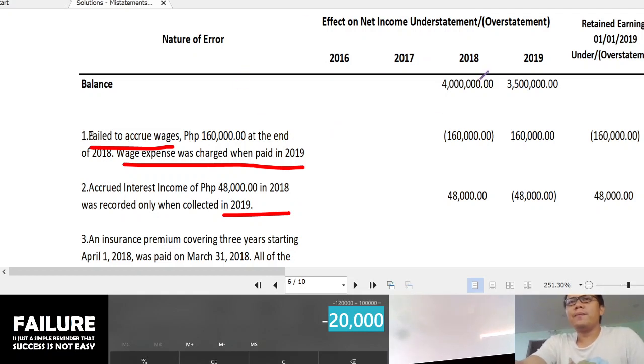So, ano yung nangyari? Obviously, kulang yung income mo in 2018 by 48,000. In 2019, sobra naman siya kasi yun nga, dito mo pa siya na-recognize kung kailan mo siya na-kolekta. Diba? Sobra. Dapat mo ibawas.